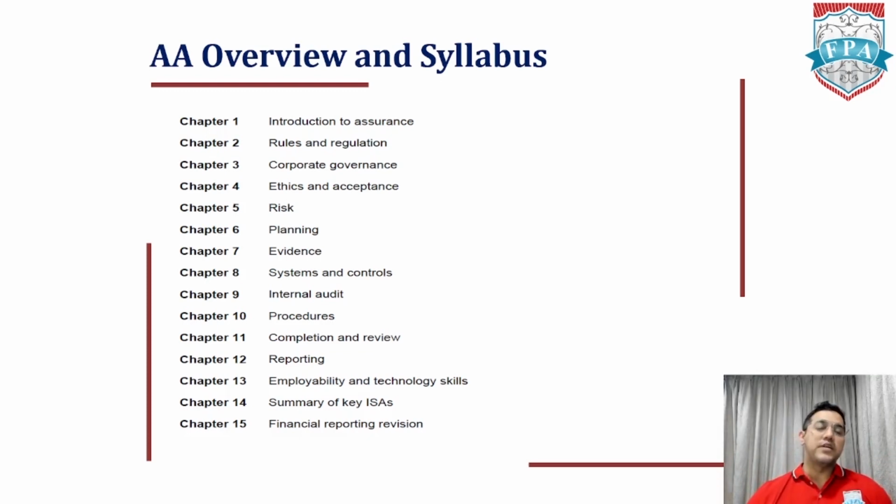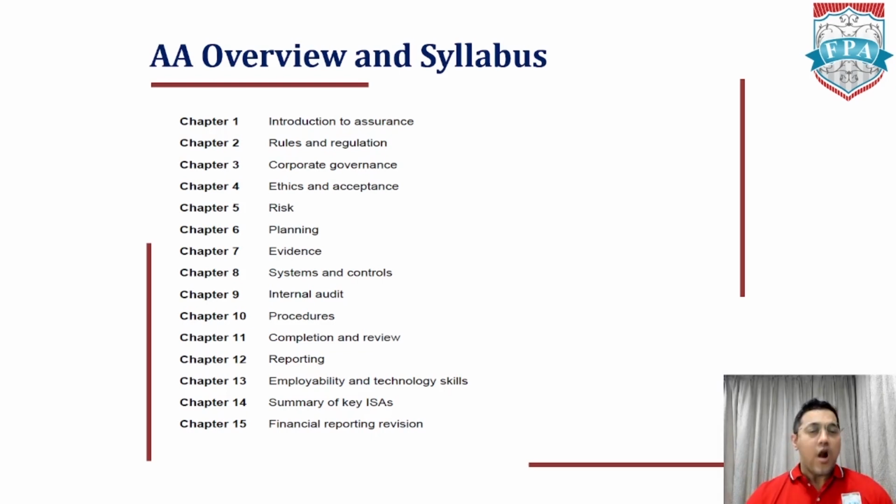And the last chapter is your financial reporting revision, which gives you a quick glimpse of the financial reporting key standards that are relevant to the audit. Because if you do not know what's wrong with the financials, you can never really flag them to the clients. So you need to know your financial reporting standards as well.